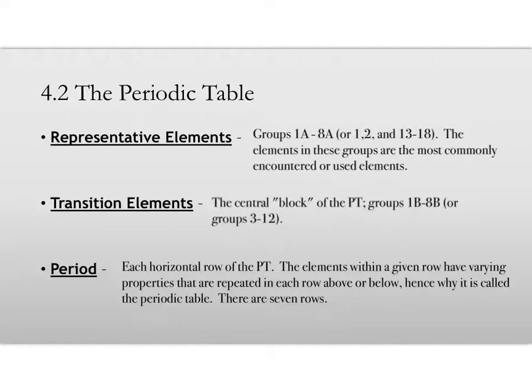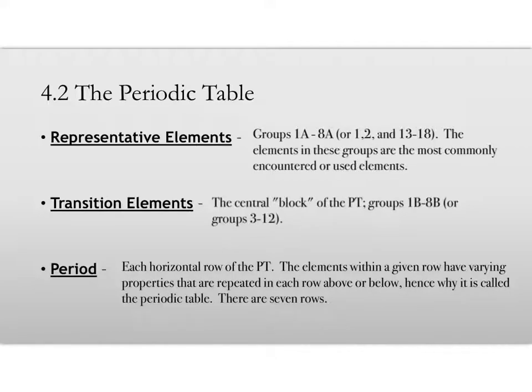And then magnesium is barely reactive with water, all the way to aluminum through argon are not reactive at all. Back down to the next row, you have potassium, which is reactive again with water and explosively. This is why we call it the periodic table. These properties repeat periodically. There are 7 rows of the periodic table.